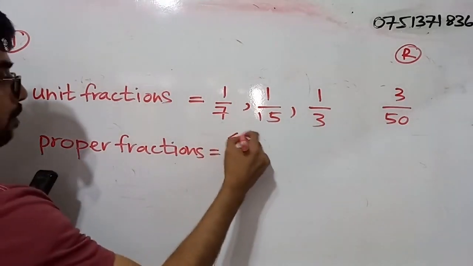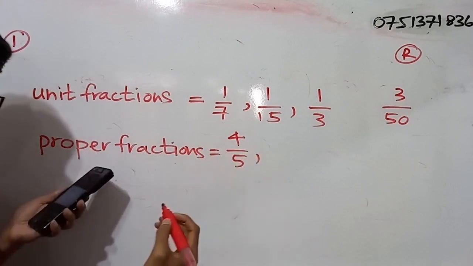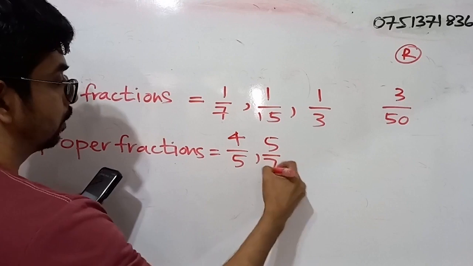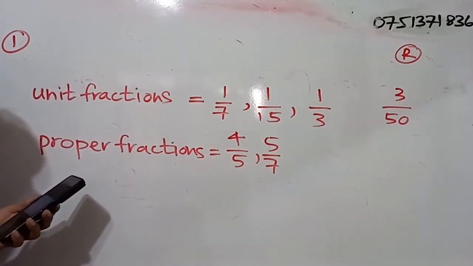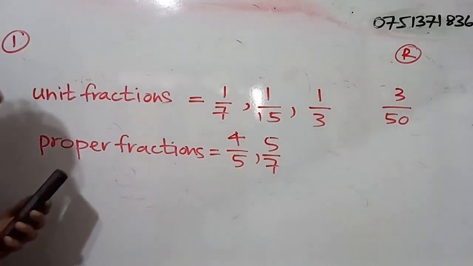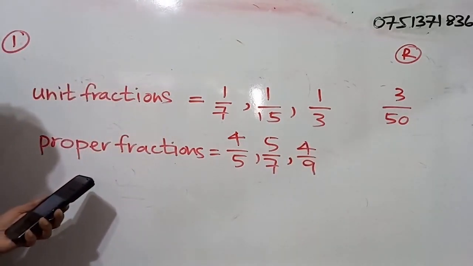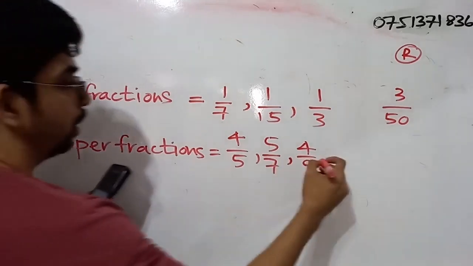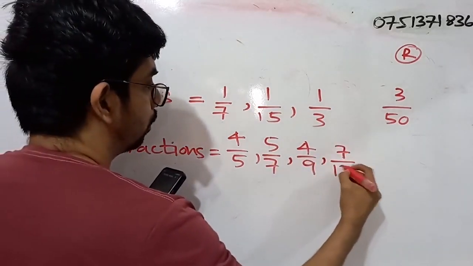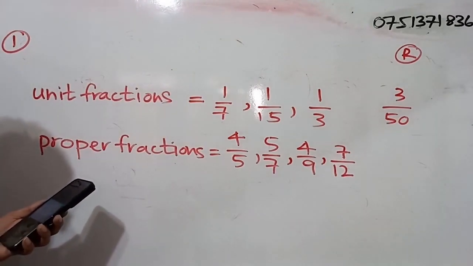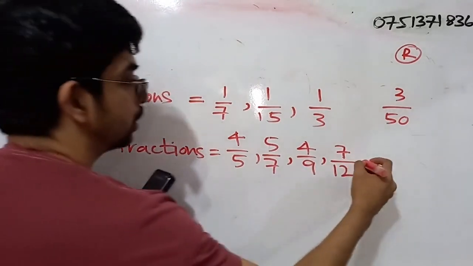We have 4 by 5. Then we have 5 by 7. Then we have 4 by 9. Then we have 7 by 12. Then we have 7 by 8.